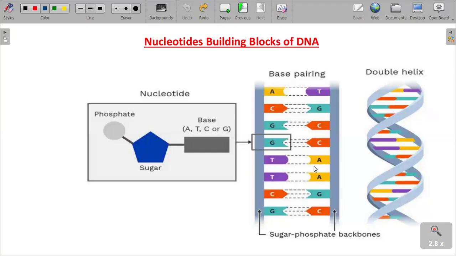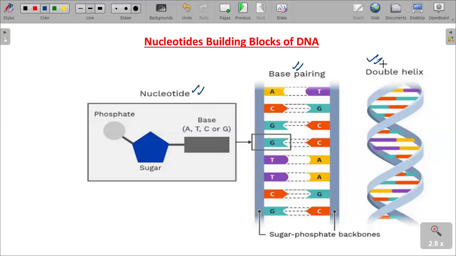So I'm going to be presenting to you life at a molecular level, the concept and the ideas, everything to do with DNA structure. So you can see this displayed on the board where we have got the nucleotides, we have the base pairing, and we have got the double strand or the double helix structure of the DNA.